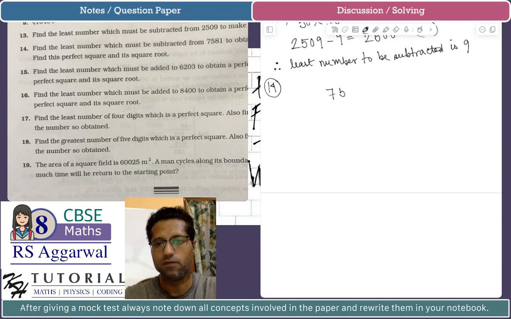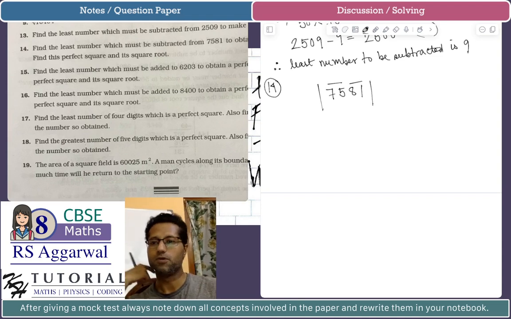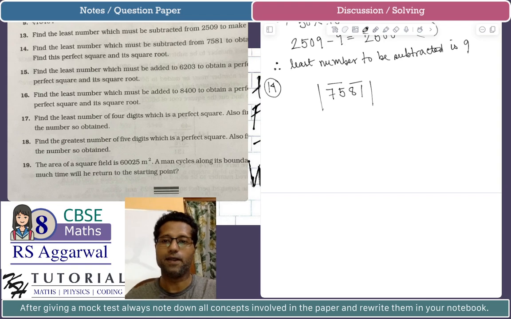The number given is 7581. We first do the long division method. The periods are 81 and 75, so the leftmost period is 75.